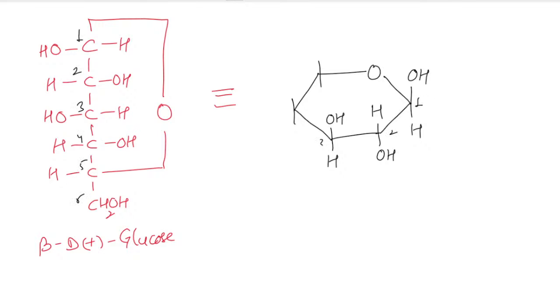First, second, third, fourth and fifth. So this is again H, OH, CH2OH, H. That's it. This is the Haworth projection formula, alpha D plus glucopyranose.